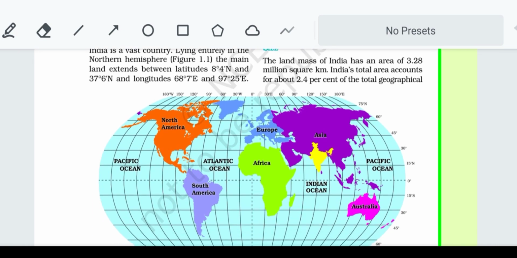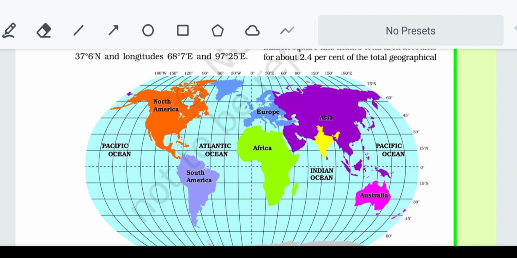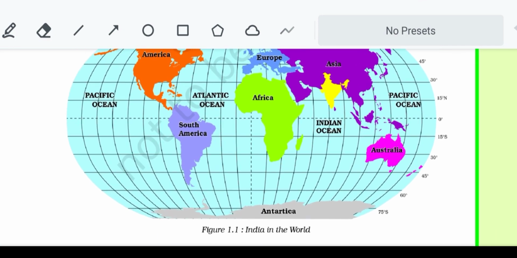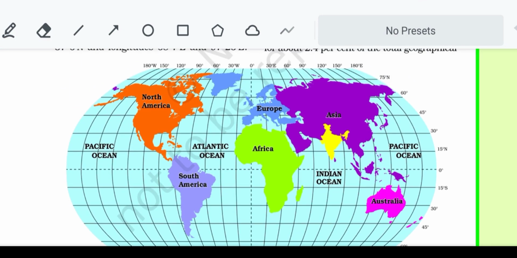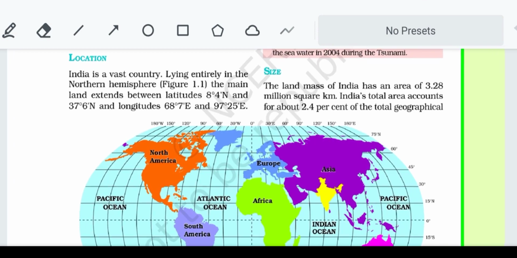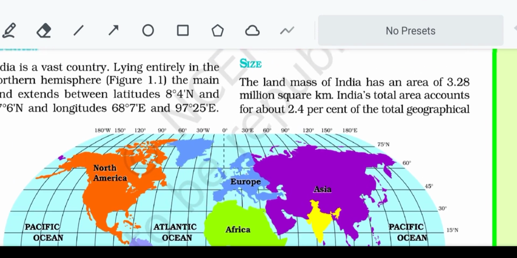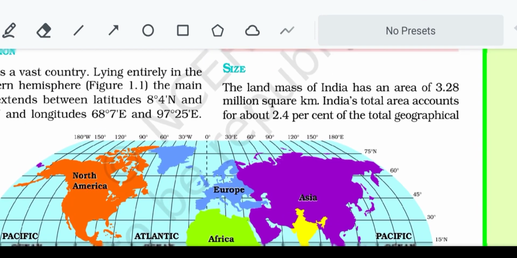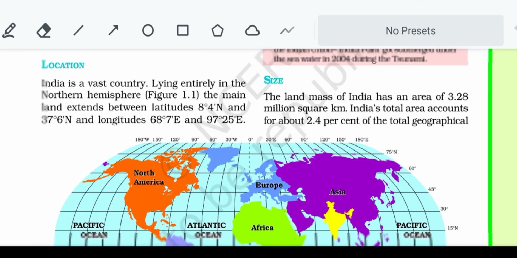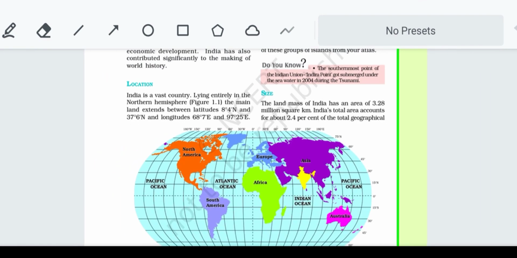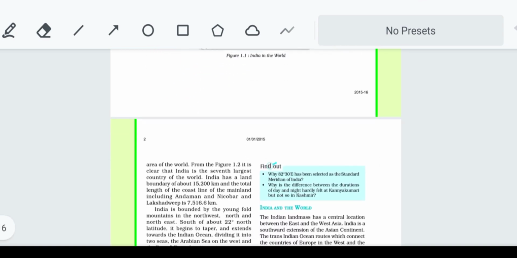As we know, there are 7 continents in the world, like North America, South America, Europe, Africa, Asia, Antarctica and Australia. India lies in the Asian continent, and the landmass of India has an area of 3.28 million square kilometers. It is almost 2.4% of the total geographical land of the world.